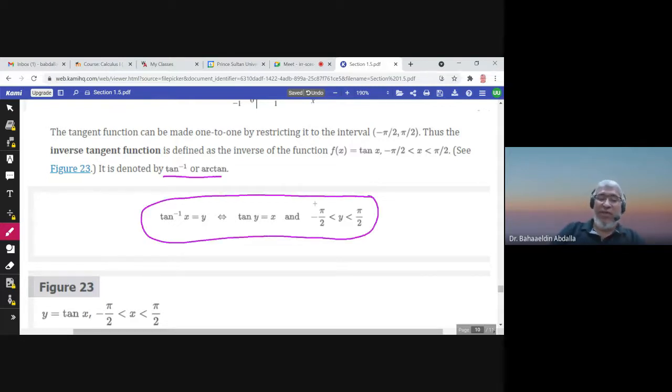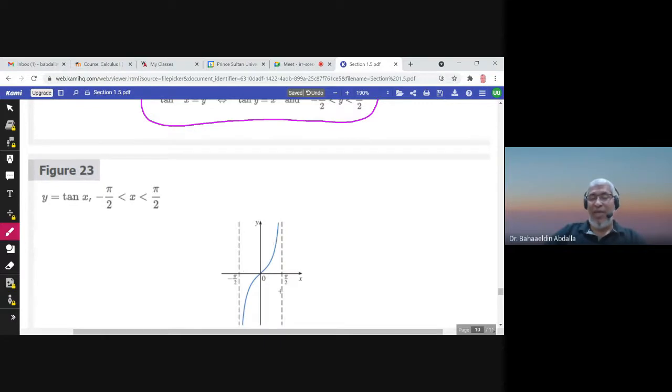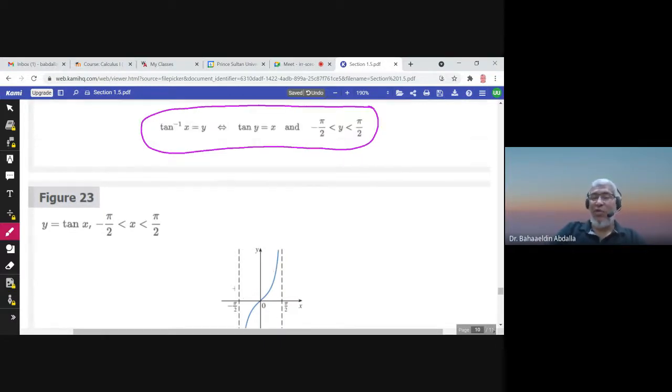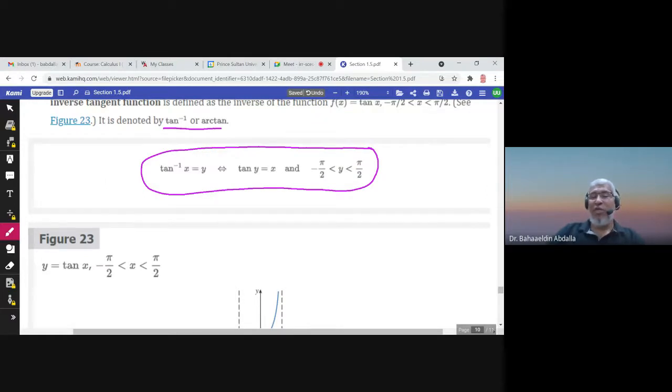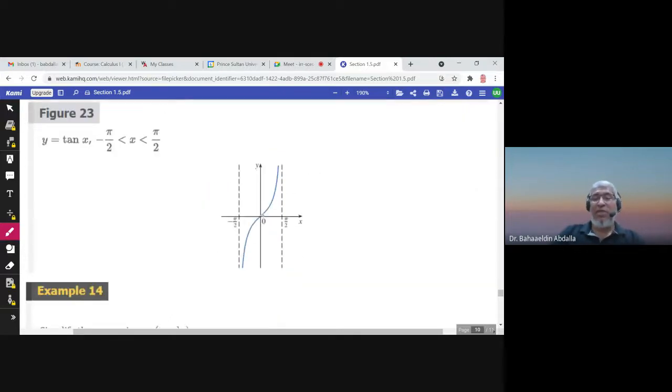But the only difference, tan is not defined at pi/2 or -pi/2 because it has a vertical asymptote, because cosine pi/2 is 0, and cosine -pi/2 is 0. So the only difference between sine and tan, there is no equality here. So this is the definition of tan inverse, and this is the definition of tan.